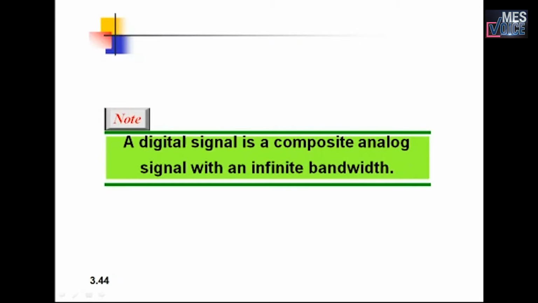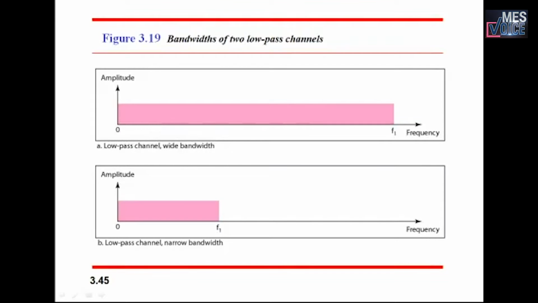A digital signal is a composite analog signal with an infinite bandwidth, as we have discussed, which means we need very high bandwidth low pass channels in order to carry out baseband transmission. Figure A shows a low pass channel with a wide bandwidth and figure B shows a low pass channel with a narrow bandwidth.